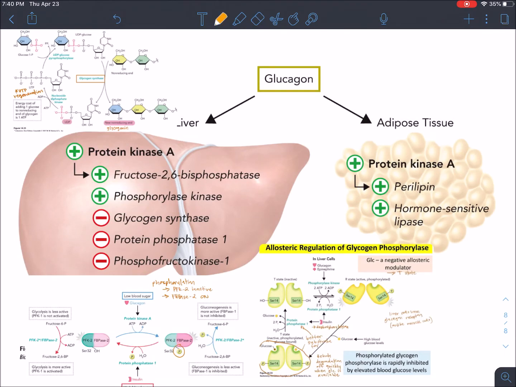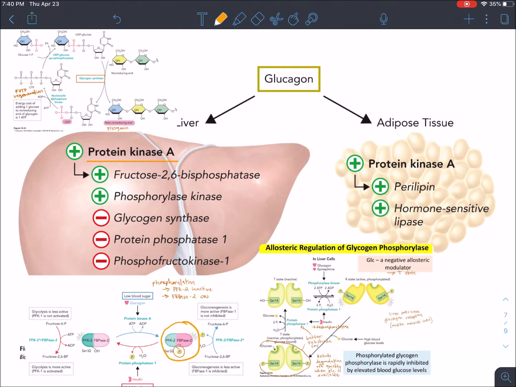Glucagon signaling in the liver leads to the activation of protein kinase A, which we saw earlier with insulin signaling and how it affects the liver. So the activation of protein kinase A phosphorylates PFK2/FBPase2. So actually it will be this diagram shown here.